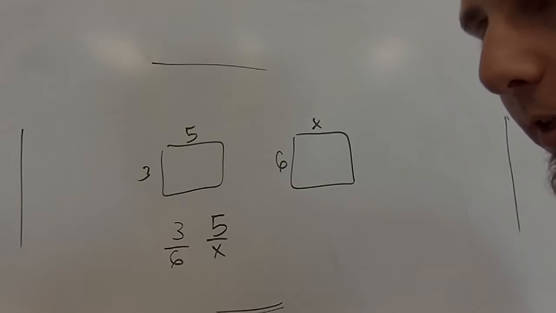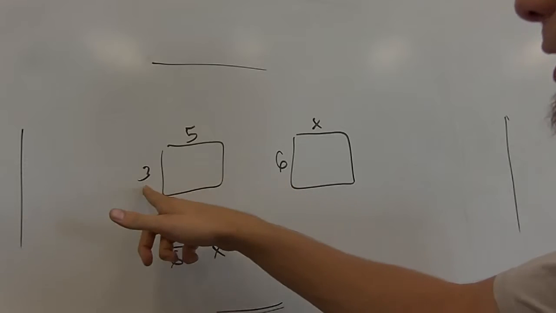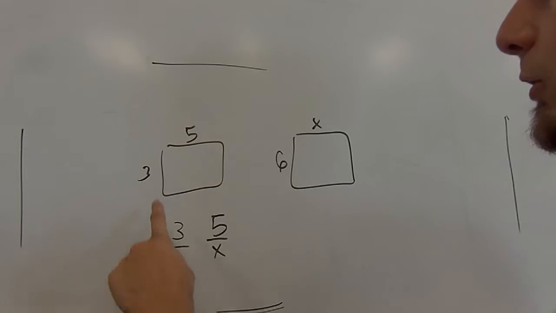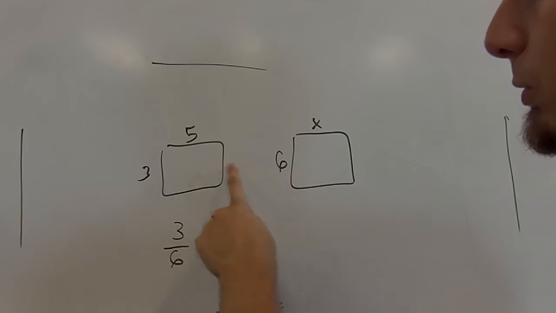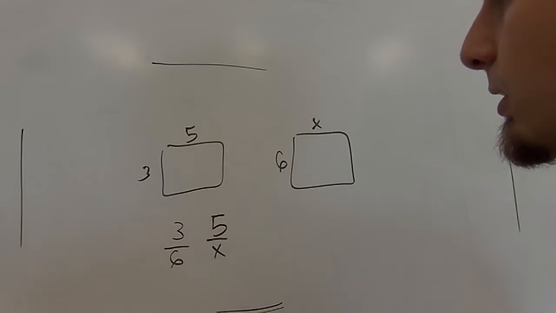Basically the way similar figures work is that all corresponding sides share the same ratio. So if there's a 1 to 2 ratio between the 3 and the 6, then there's a 1 to 2 ratio between the 5 and the x.